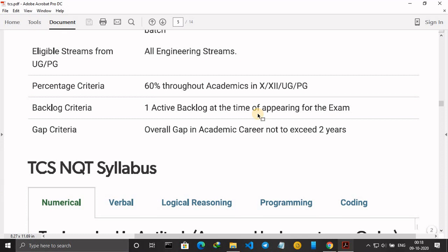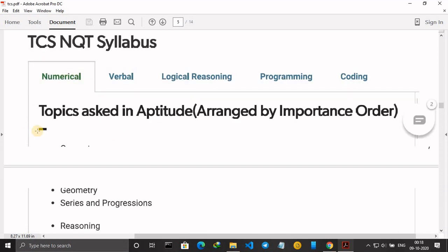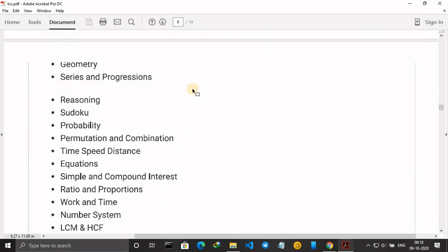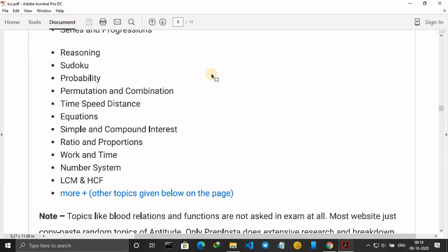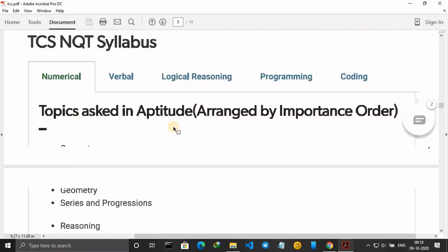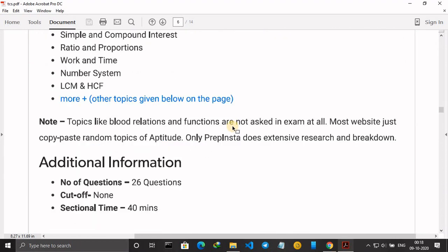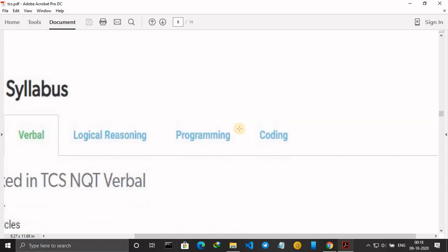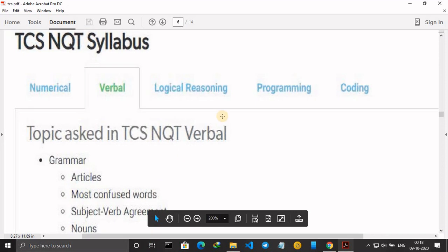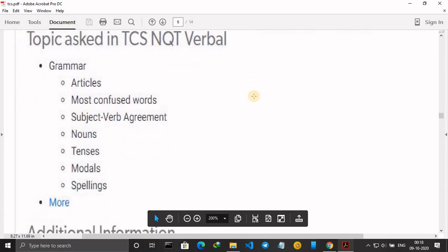If we talk about the TCS NQT syllabus, here you can see numerical, meaning quantitative aptitude. The syllabus will be something like geometry, series and progression, reasoning. So these are the topics you have to prepare for numerical ability. And if we talk about the syllabus of verbal ability, you can see topics asked in TCS NQT verbal: articles, most confused words, subject verb agreement, nouns, tenses, modals, spelling.